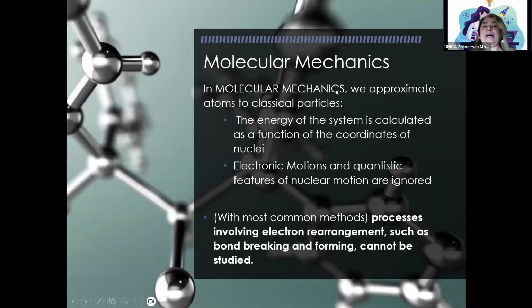In molecular mechanics, we approximate the atoms to classical particles. The energy of the system is therefore calculated as a function of the coordinates of the nuclei.